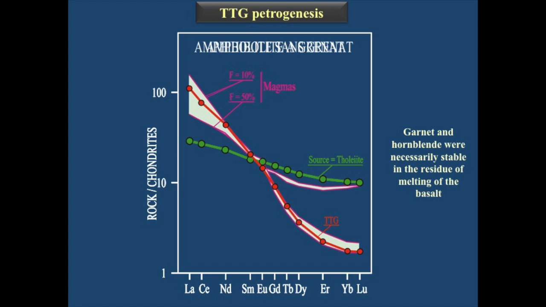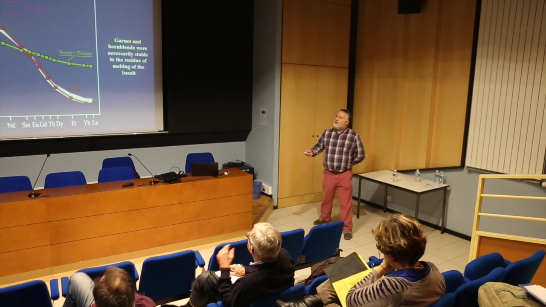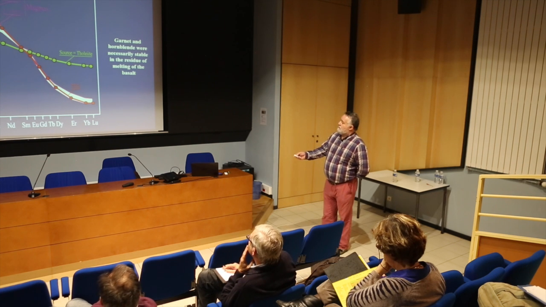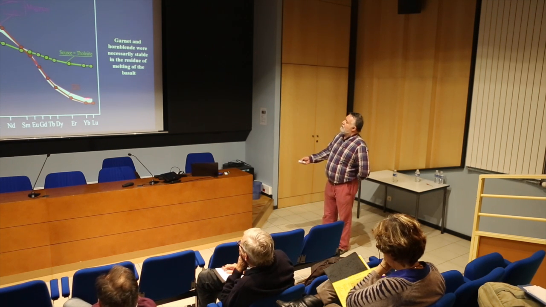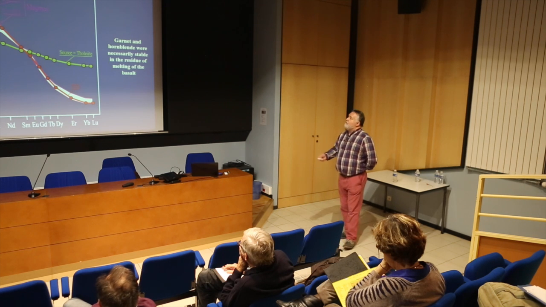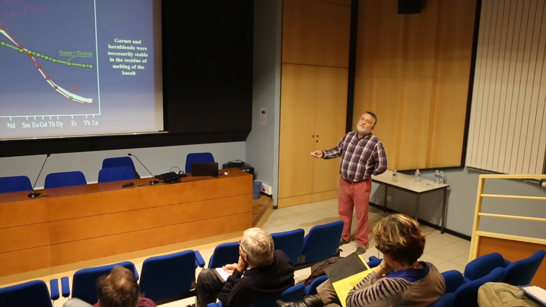So if we take the beginning of the process with a garnet-free amphibolite, we see that this works perfectly for light rare earths, but fails for the heavy rare earths. And so finally, the only model that can account for light and heavy rare earths is the melting of a basalt transformed into garnet-bearing amphibolite.